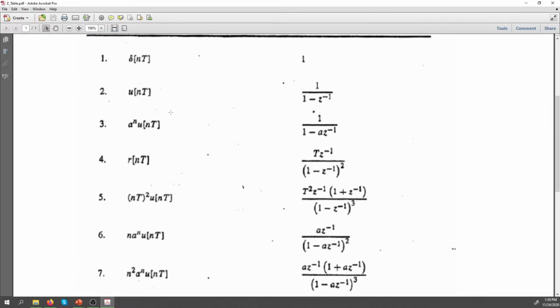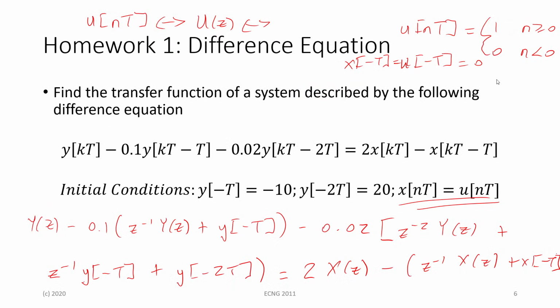In particular, you can see here that u(nT), when you Z-transform it, is going to be 1 divided by 1 minus z^-1.